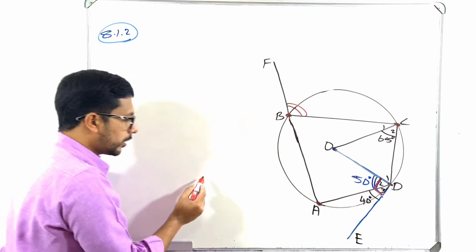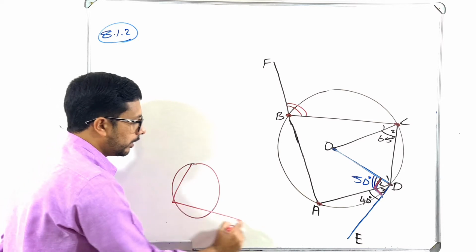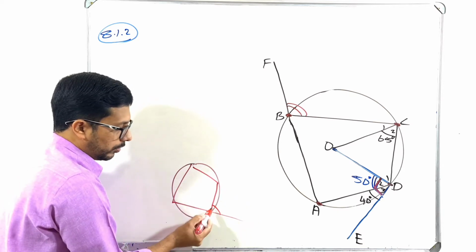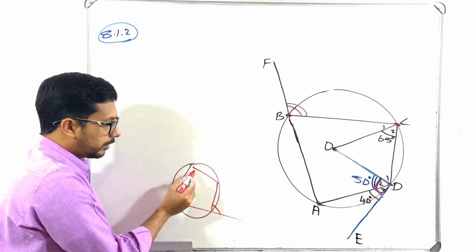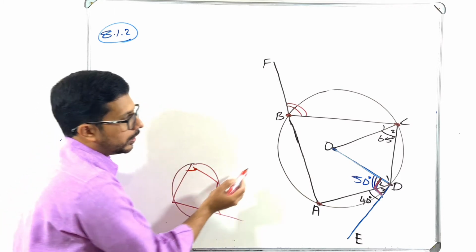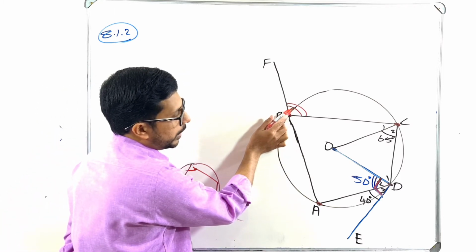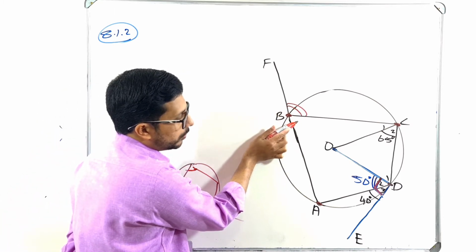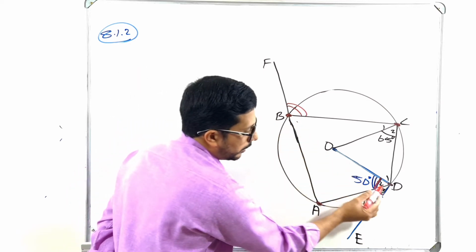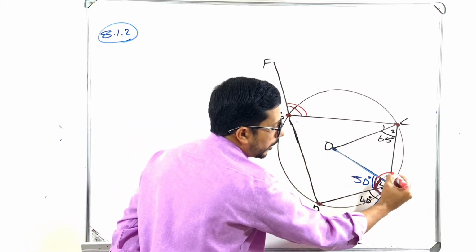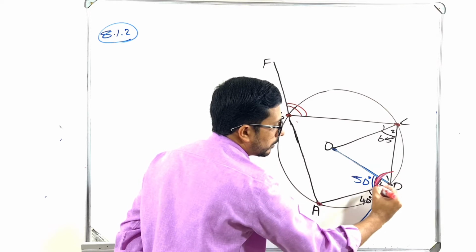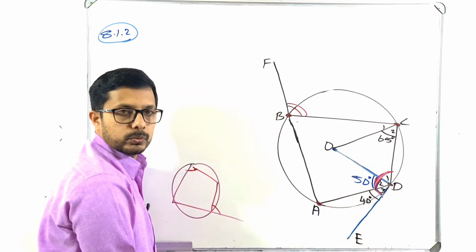What is the theorem we studied? Exterior angle is equal to opposite interior angle. That means this is the exterior angle and this angle is equal to the opposite interior angle, that is D1 plus D2.